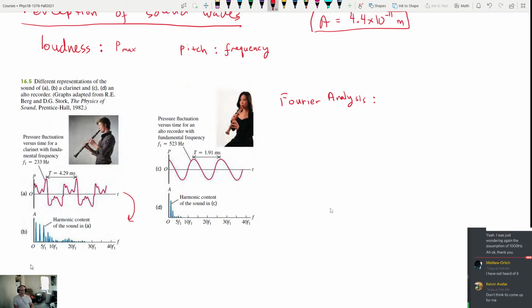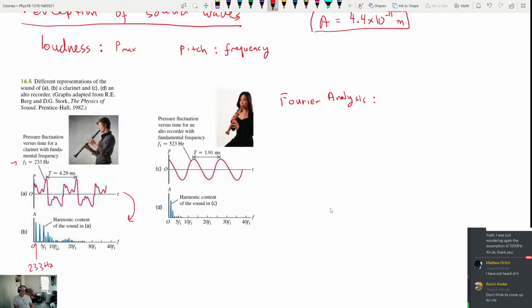What's being plotted on the bottom is different frequencies. So F1 was 233, so this right here is 233 hertz, that's F1. But you also have 3 times F1, 5 times F1, and 6, 7, 8, and 9 times F1.